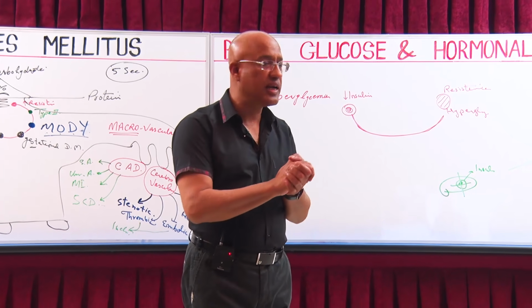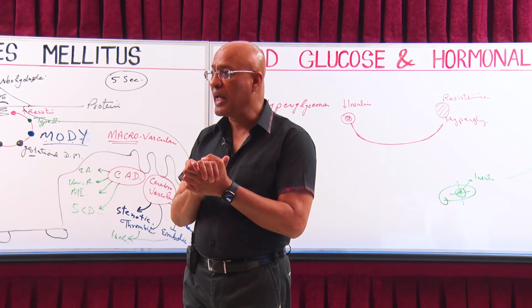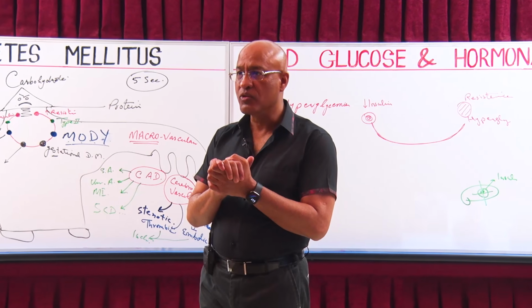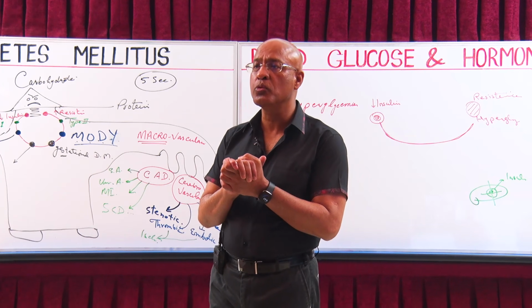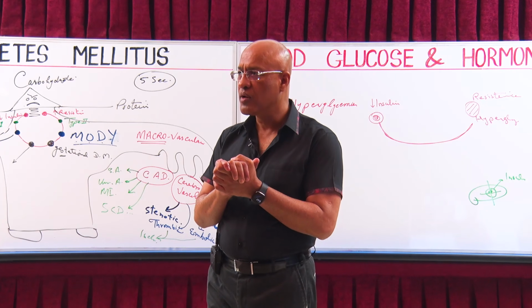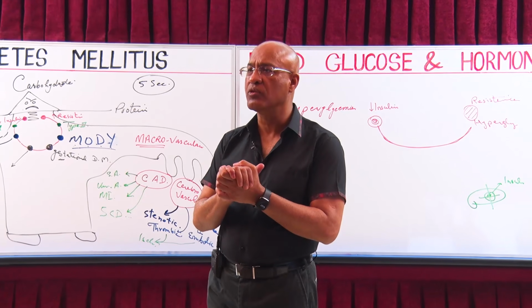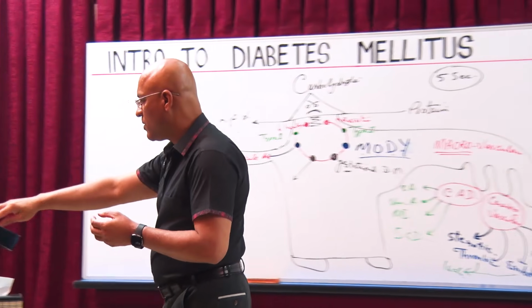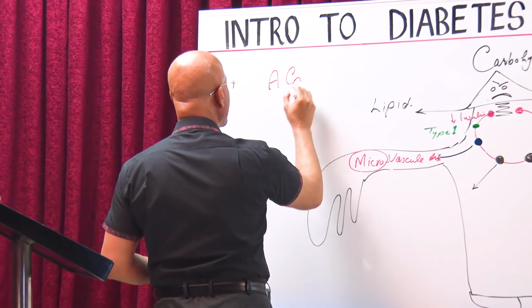So don't think that if the basement membrane is becoming thick, it is actually becoming strong. It is becoming thick, but because it is thick due to pathological alteration in its proteins, collectively we call such altered proteins AGEs. What is it?